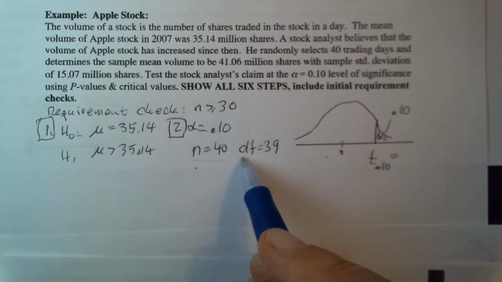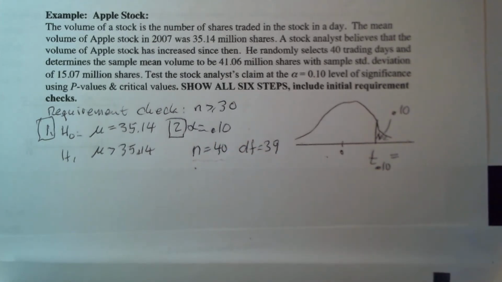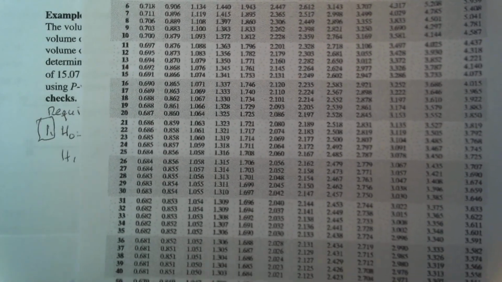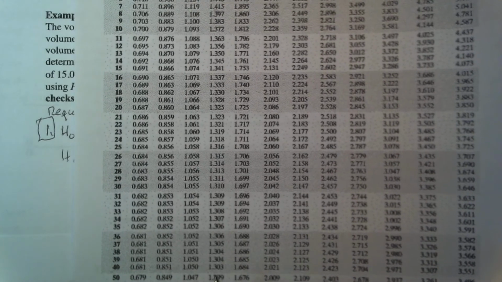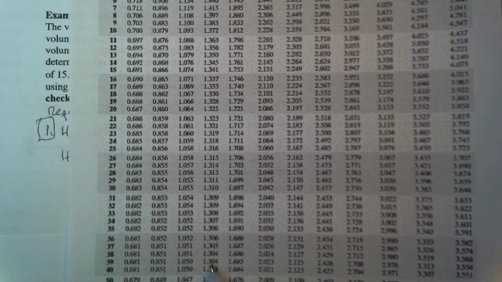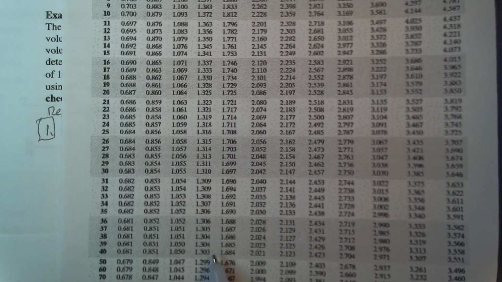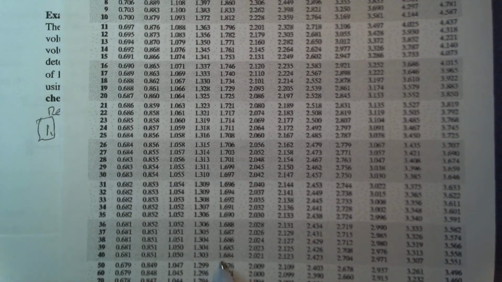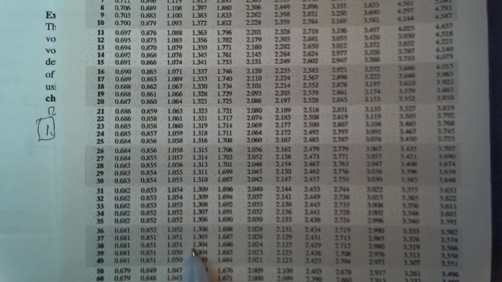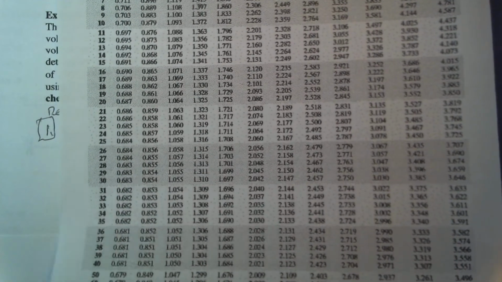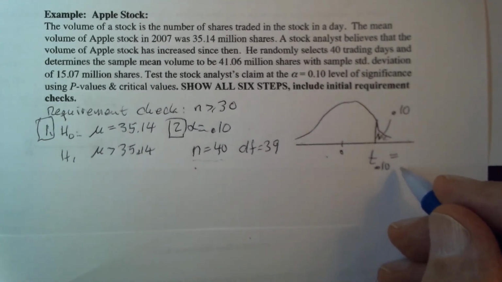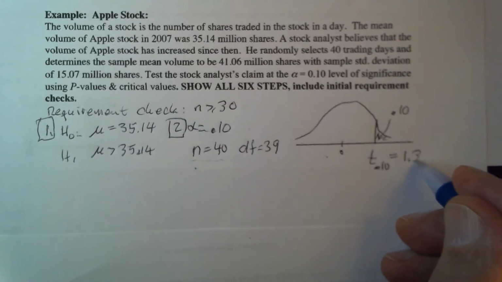And since n is equal to 40, our degrees of freedom is 39. So we look for degrees of freedom of 39 at 0.10, and there it would be 1.304. So our critical value is 1.304.